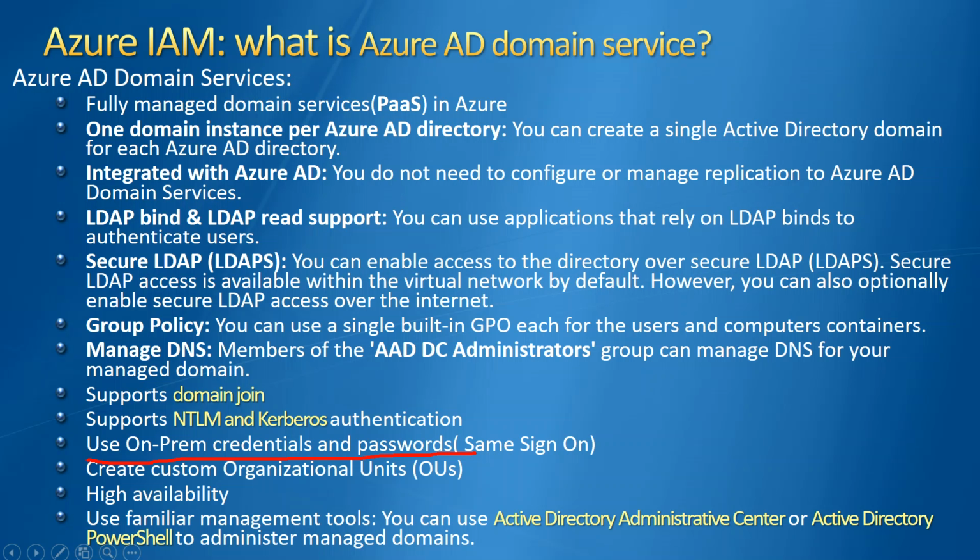So you're talking about single sign-on with the on-prem credentials, right? Yeah. So how single sign-on works is, if you have Windows integrated authentication on your IIS, you will go and set up Windows integrated authentication. That's how SSO works in legacy applications. Or if you are using SQL Server, instead of SQL auth you will use Windows integrated authentication.